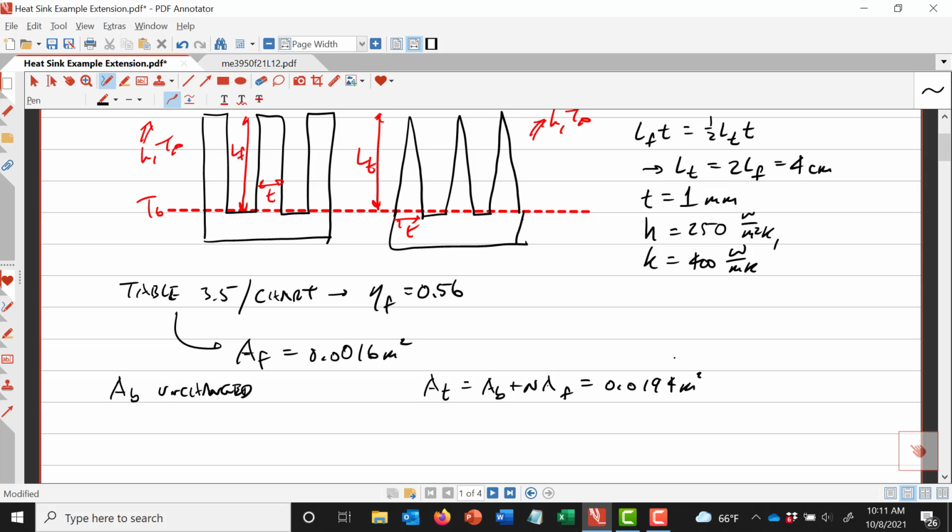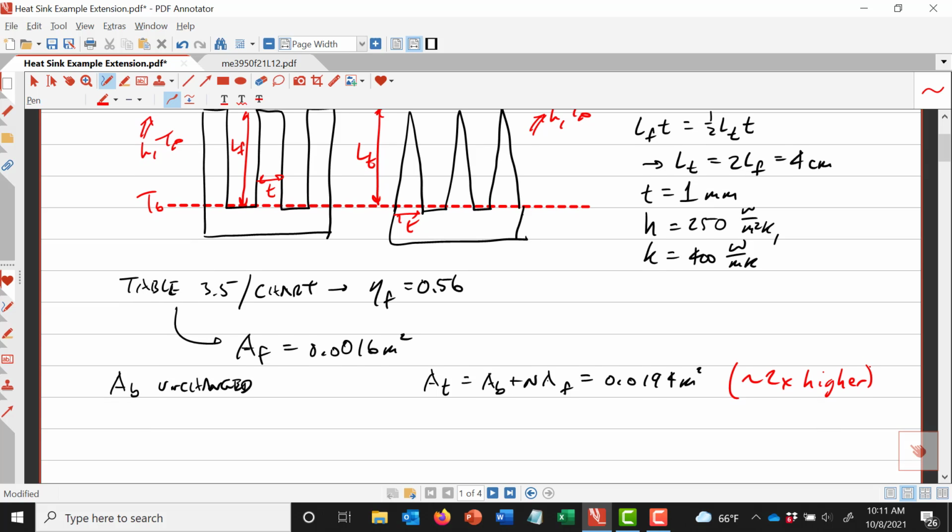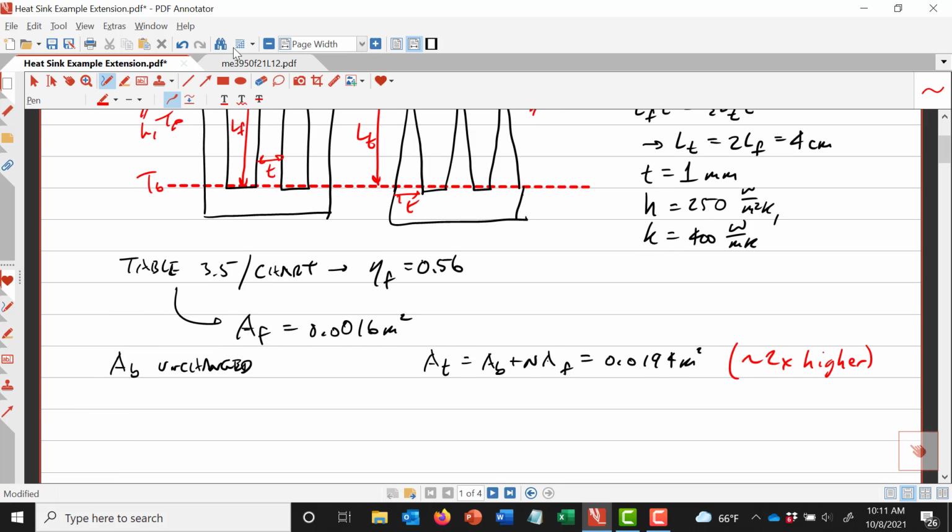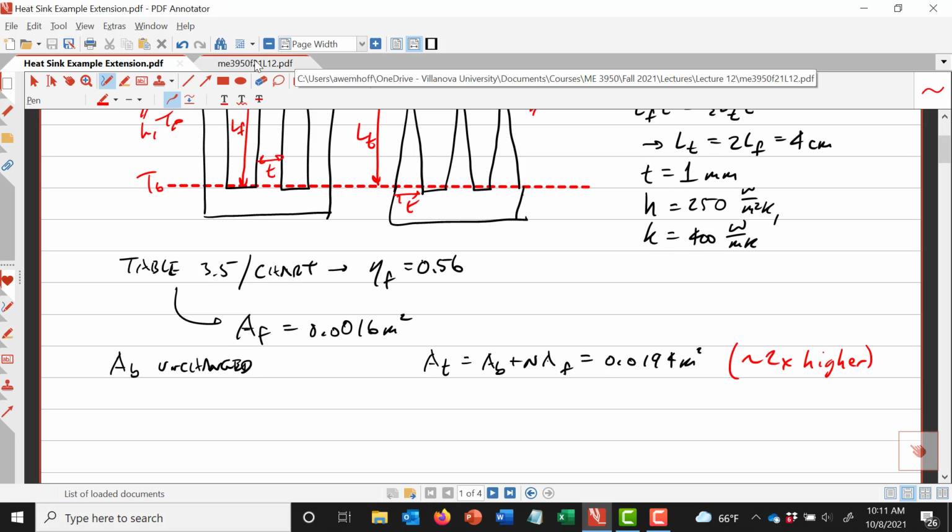If you recall in class, the value that we had for A sub t for the rectangular array was about 0.01 square meters, so this is about twice as much. So 2 times higher. So we're in pretty good shape there.